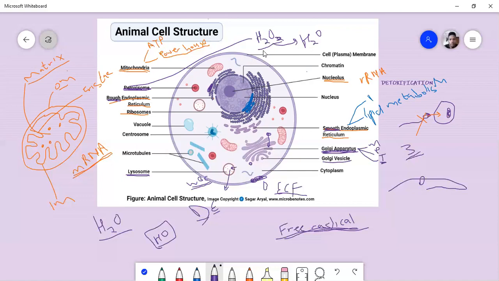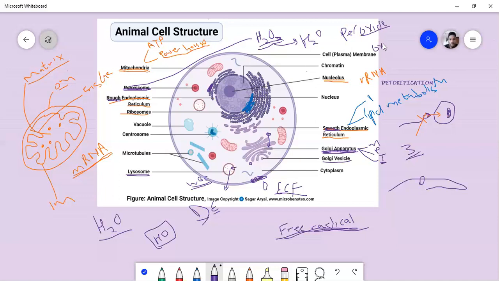And if they ask you what type of enzymes they contain, you think of peroxide. Peroxide, they contain oxidase enzymes. From the word peroxide, you take this oxide, you think of oxidase.